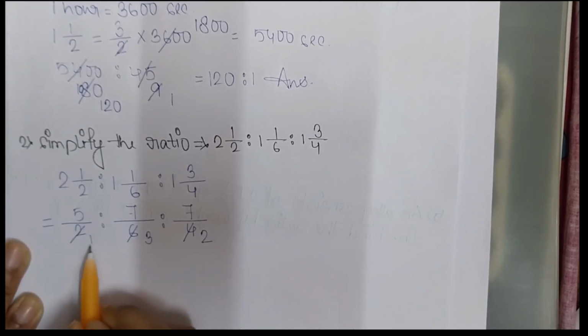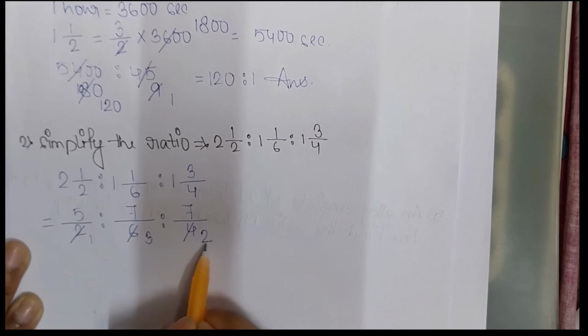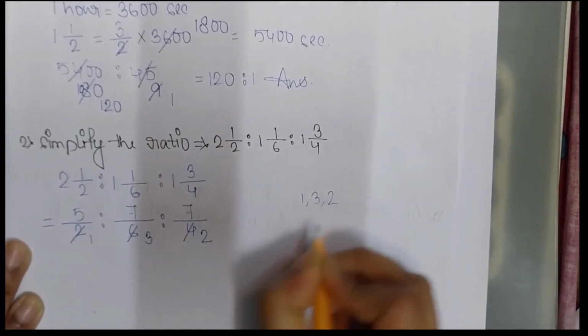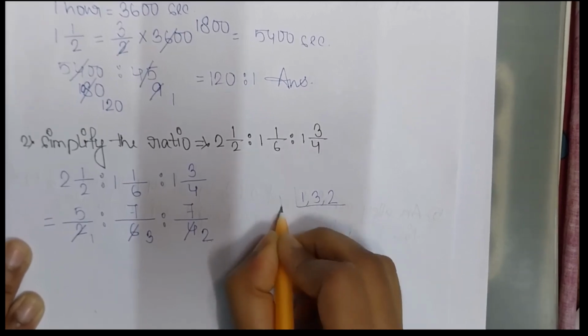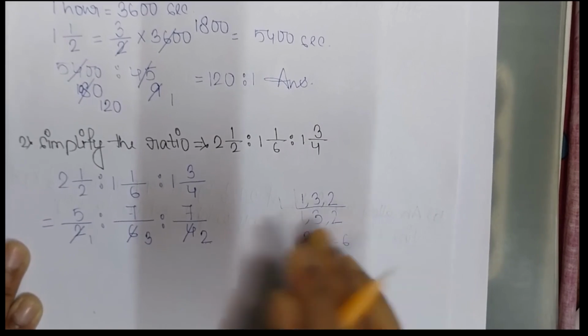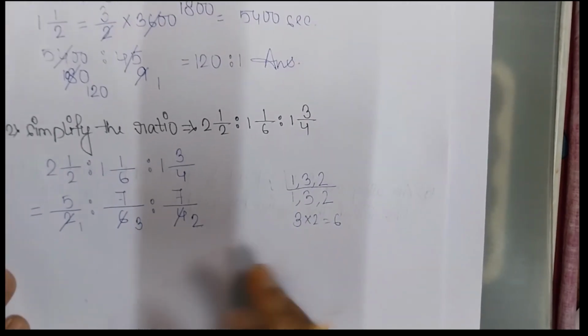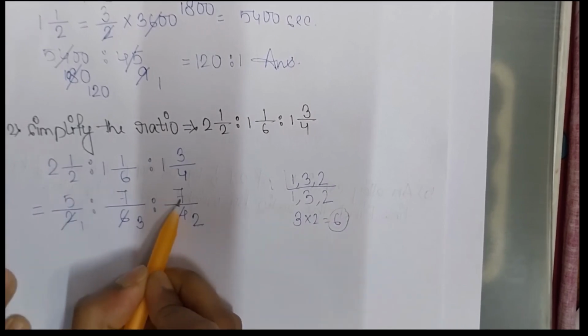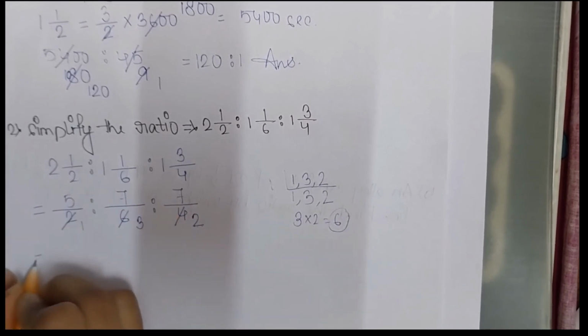Now we have different numbers in the denominator part. So here we have to find the LCM of these denominator numbers. If we find the LCM, we will get 6. So now we have to multiply this LCM with the numerator part of the fraction.